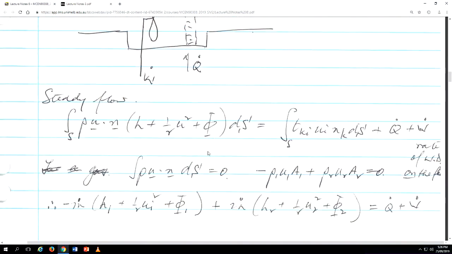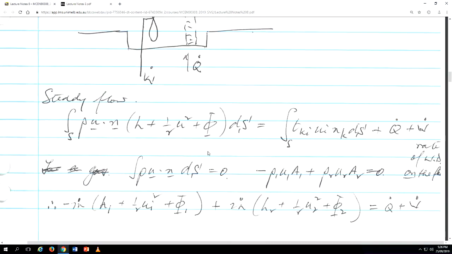So for steady flow, meaning that the rate of change at any point, the partial derivative with time, is identically zero, the energy equation is the mass flux rho u dot n times the h plus a half u squared, because h is not only the internal energy but the pressure work.